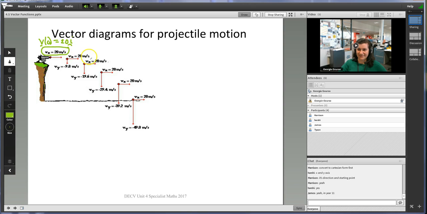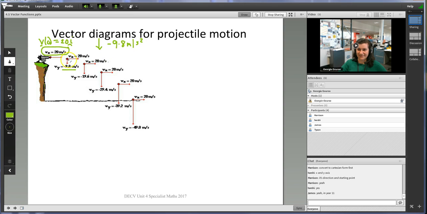The horizontal component is going to remain the same, because the only force acting on this object is the downward force of gravity. So the vertical component every second is going to decrease by 9.8 meters per second. That's what the acceleration is going to do.